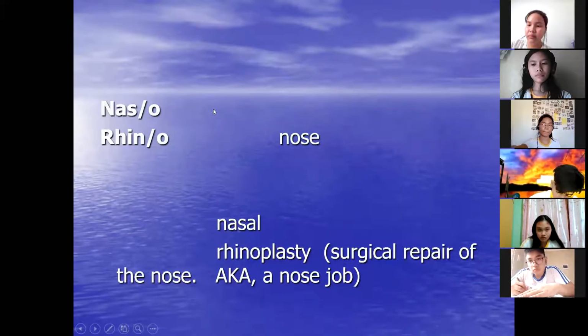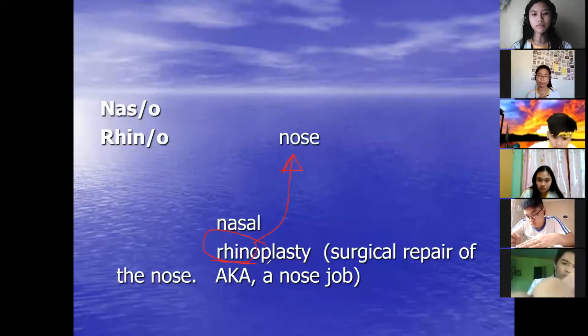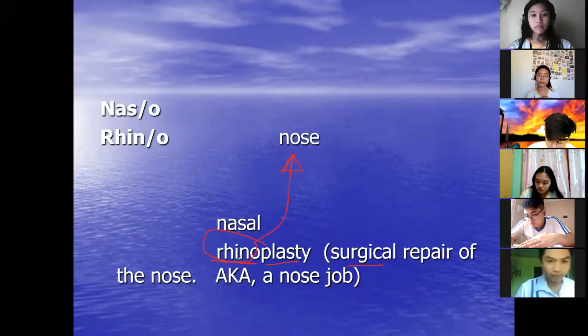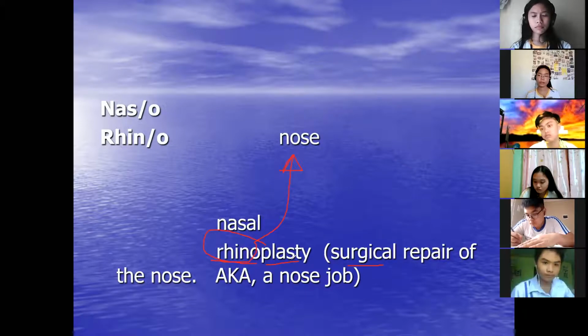The prefix rhino means nose, and plasty is a surgical operation. Therefore, putting together rhino and plasty is a nose surgical operation. It's a nose job.